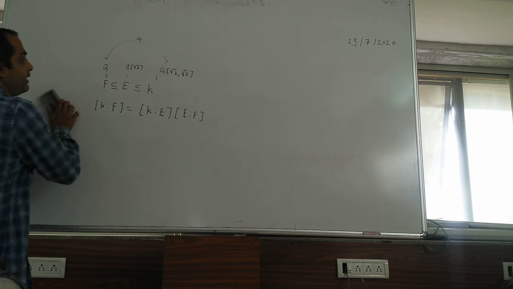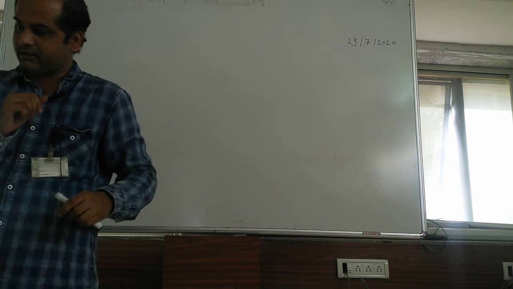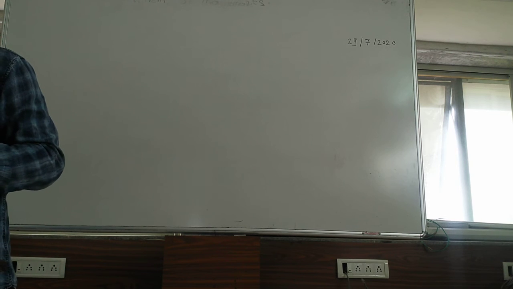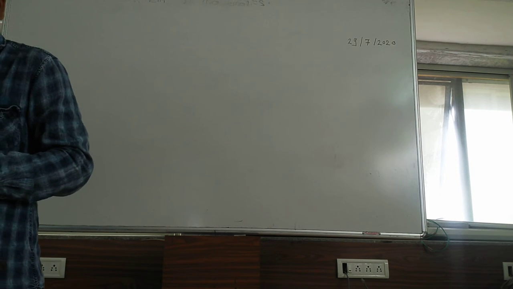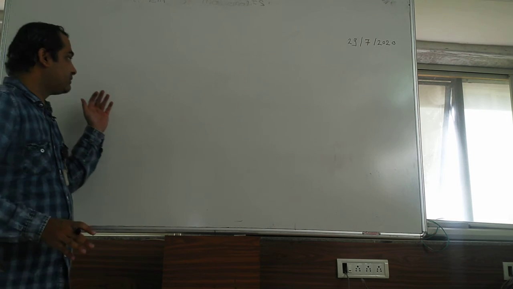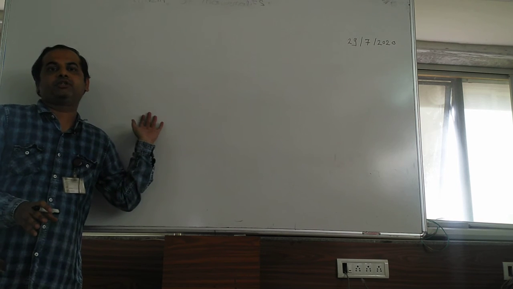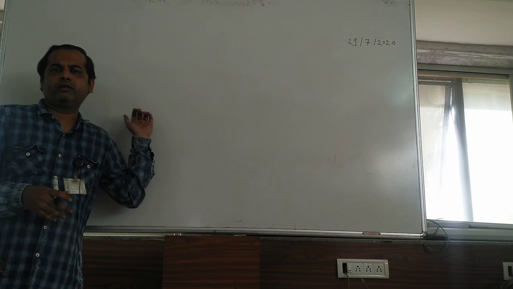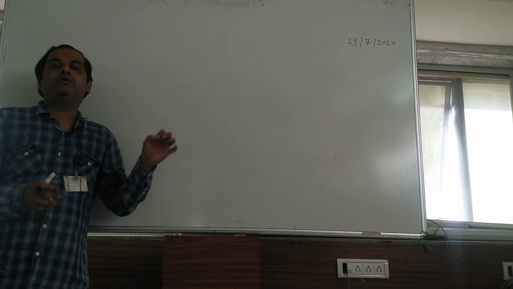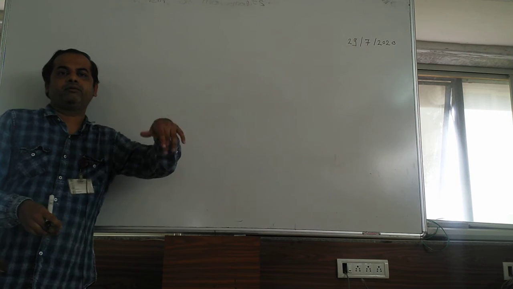Related to this, there are lots of exercises you can have. I will post this video on YouTube. Whatever questions, errors or queries you have, related to how to find the degree of extension, how to find the polynomial for a given alpha, you can ask.